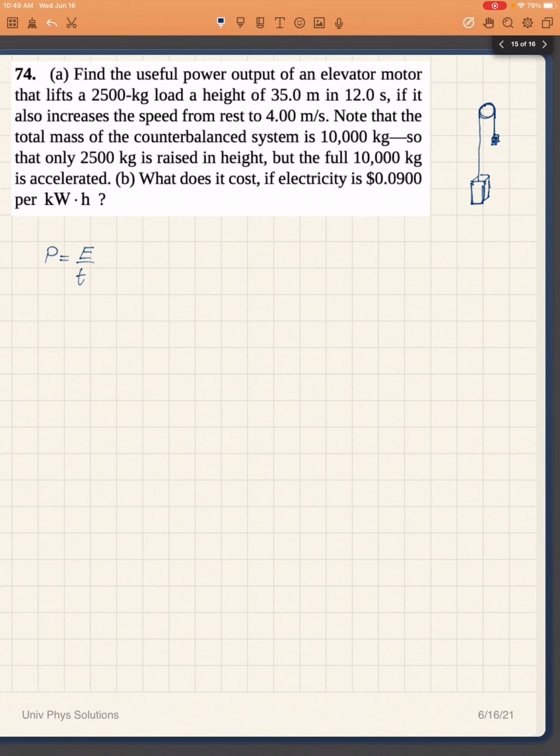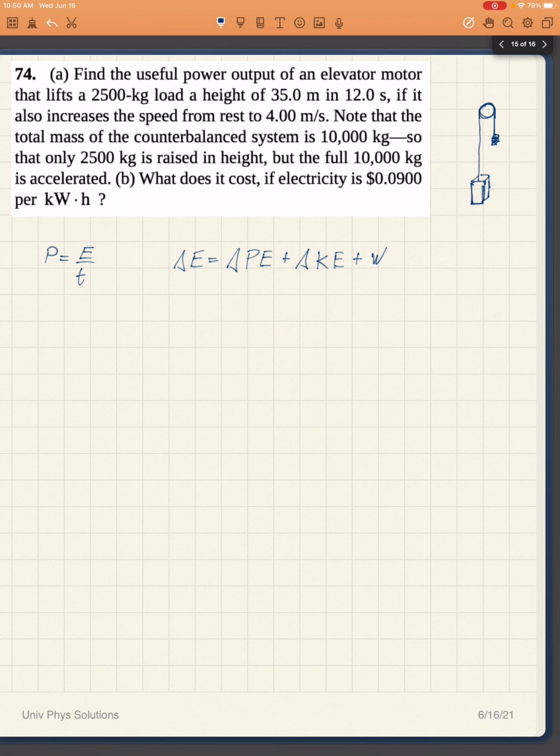Well, the energy changed in that 2500 kilograms were raised in height, a total height of 35 meters. So the change in energy will be your change in potential energy plus your change in kinetic energy plus whatever work is done.